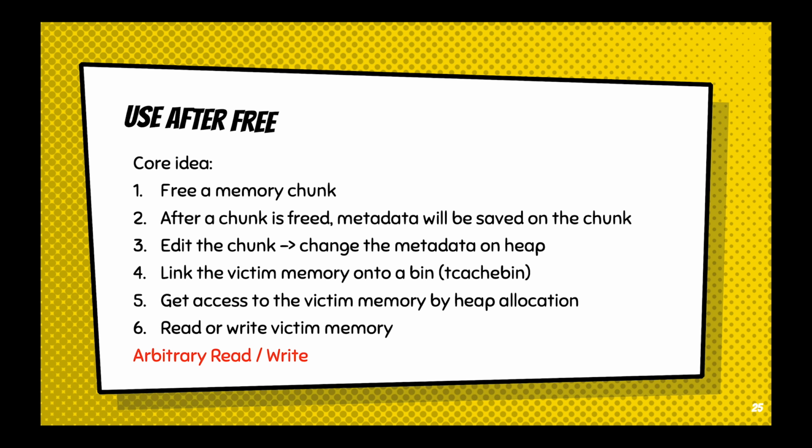And after that, the attacker can use malloc or programs that are related to malloc to reallocate memory with the same size so that it will get access to the victim memory by heap allocation. After the attacker gets access to the victim memory, the attacker can read or write arbitrary information from the victim memory. And this comes with an arbitrary read or write.